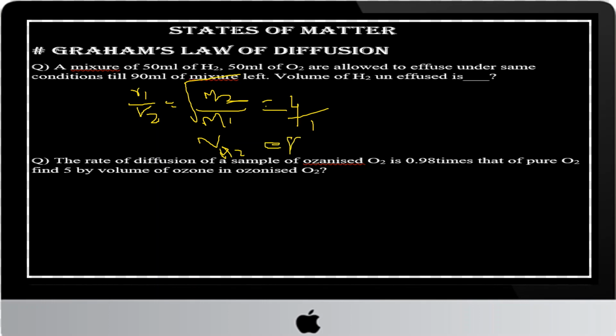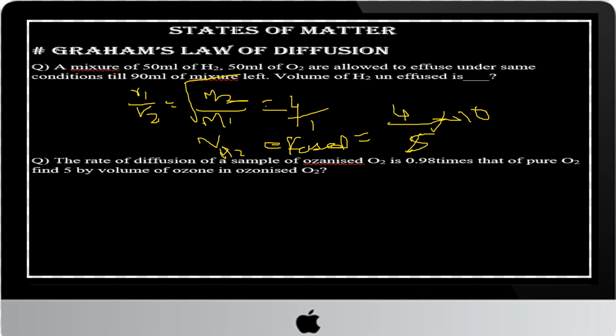The volume of hydrogen effused is 4 parts out of a total of 4 plus 1, that's 5, into the total volume, 10 ml. 90 ml of mixture left means it was 100, becoming 90, so the difference is 10.